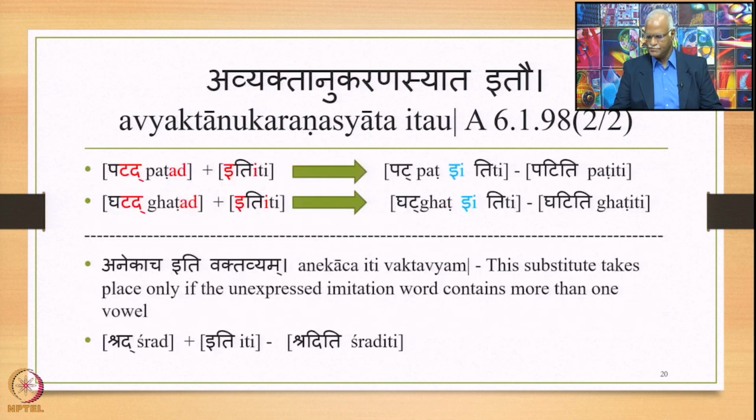Here are the examples. We have the word patat. Patat is an imitation. This kind of sound naturally occurs in nature, and so in order to imitate it, we say patat. Now patat is avyakta anukarana. And now when we quote it, patat iti.